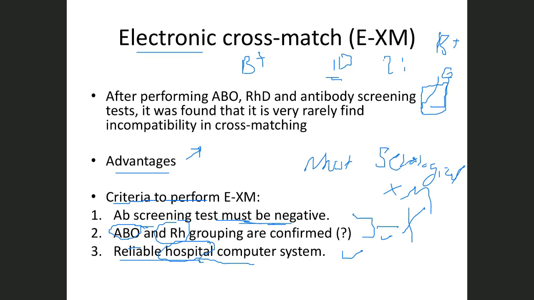So if they have a clinically significant immunogenic antibody like anti-C, anti-E, or whatever, I must have cross-matching. We can do electronic cross match for people whose antibody screening is negative, and of course with a trusted or robust computer system.